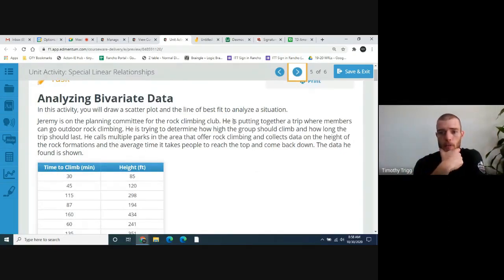He is putting together a trip where members can go outdoor rock climbing. He is trying to determine how high the group should climb and how long the trip should last. He calls multiple parks in the area that offer rock climbing and collects data on the height of the rock formations and the average time it takes people to reach the top and come back down. The data he found is shown.